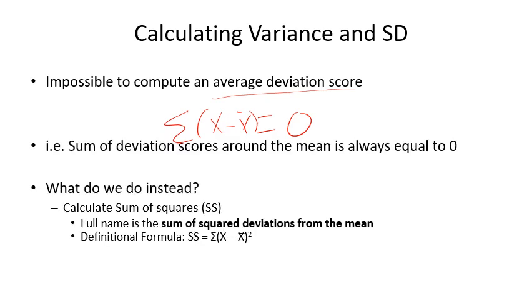Instead, we use what's called the sum of squares. Don't be confused by this term. Students confuse this and think it means the sum of each x value squared. So if you took your x, 1, 2, 3, and took x squared, 1, 4, 9, and summed those up, you get 14, some people would think that would be the sum of squares.